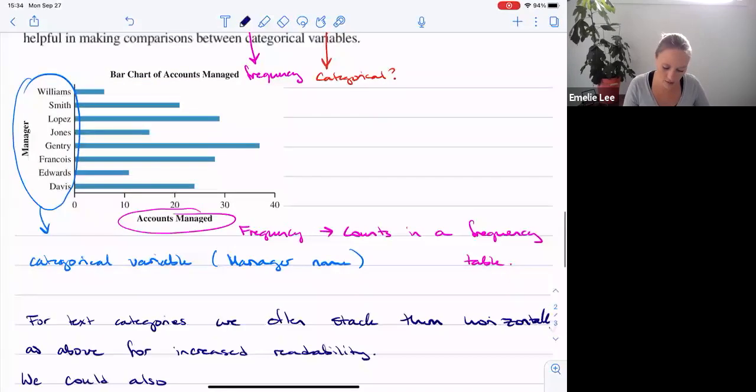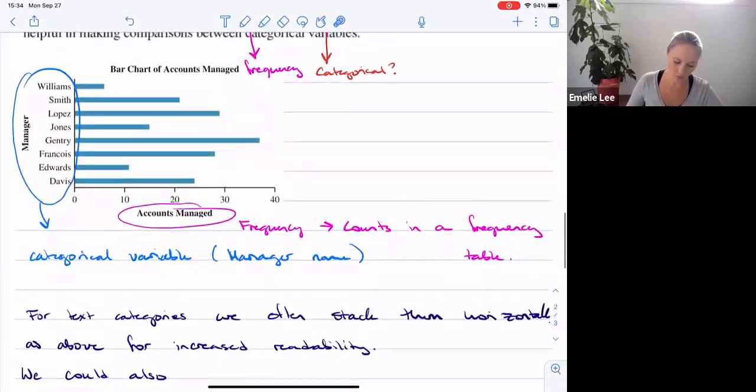Maybe we're interested in just listing these managers alphabetically. That's going to be more like an ordinal variable, where you have a natural ordering.